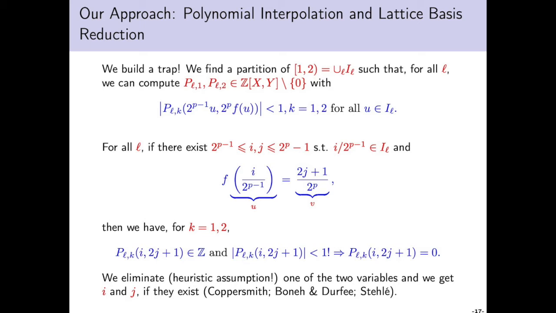I know that (i, j plus 1) will be a common root to the two polynomials. Now I eliminate the variables, and that gives me the solution.